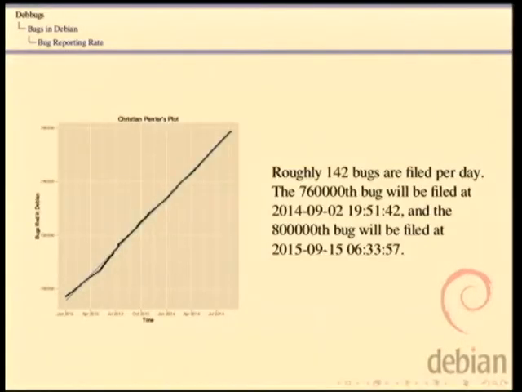People like to track exactly how many bugs we have, and Christian Perrier does some fun contest of guessing when particular bugs might be filed. For example, the 760,000th bug will be filed, I think, September 2nd, and the 800,000th bug will be filed almost a year from now on September 15th, assuming the linear progression maintains itself.